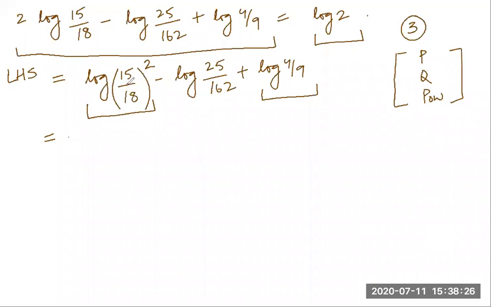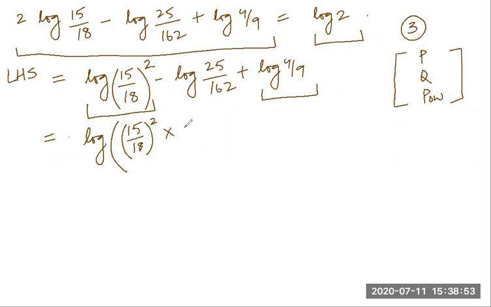So when we add this and this, what will it be now? If you combine these, you can say 15 by 18 whole square and 4 by 9 are the factors of some number. So we will now multiply those factors. Am I right? 15 by 18 whole square into what? Tell me, Deep.